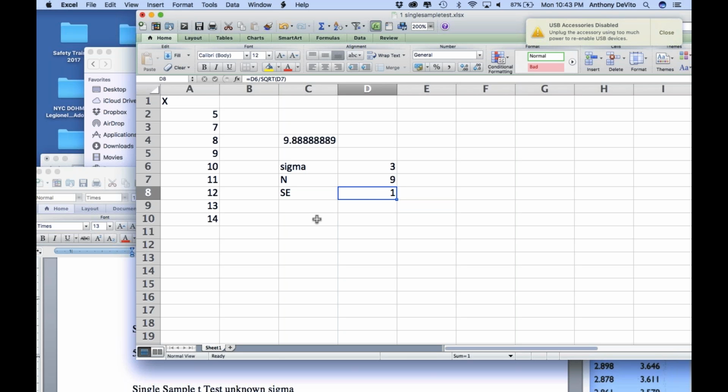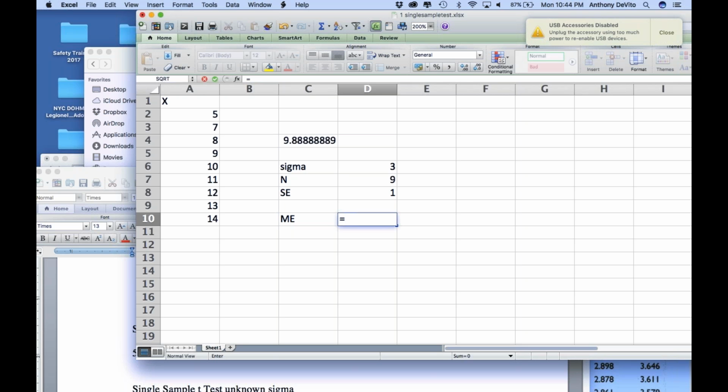If I wanted to calculate a confidence interval, it's going to be 9.88 plus or minus... Actually, I'm going to calculate my margin of error first, just to simplify things.